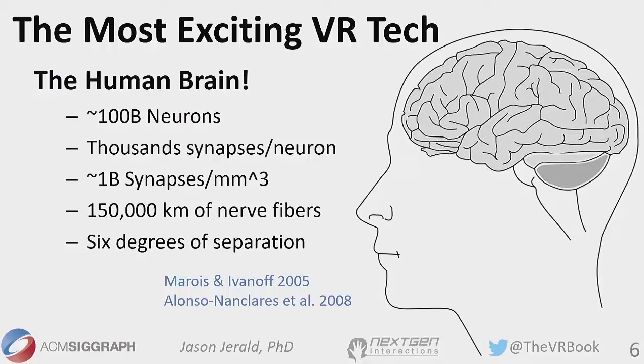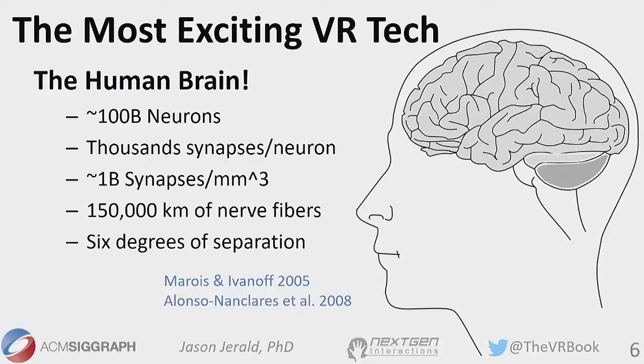And there are 1 billion of these synapses for each cubic millimeter of brain matter. 1 billion is a pretty big number. But what's even more amazing is 150,000 kilometers of nerve fibers in a single brain. We could literally circle the Earth multiple times if you stretched out those nerve fibers in your brain. It's just mind-boggling to think about.